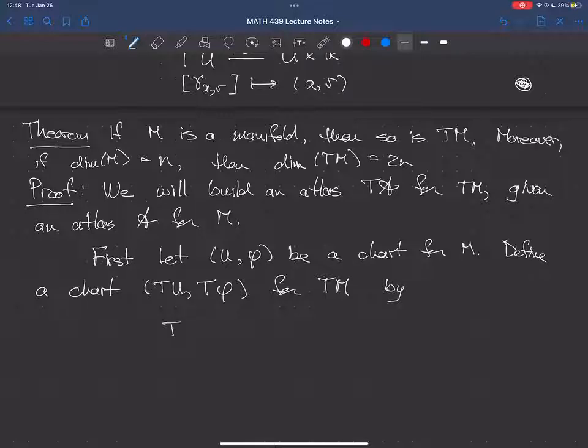All right, so TU, remember that TM is the tangent bundle by definition. That's the union of all the tangent spaces. And so to define TU, I'm simply going to take the tangent spaces, not over all of M, but just over U. Okay, so TU is the collection of all tangent spaces at x for points x in U. All right, and T phi.